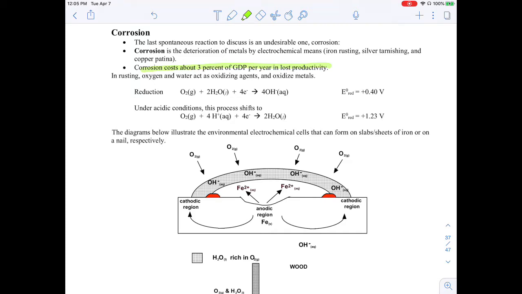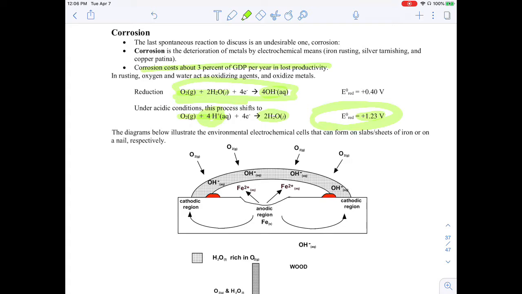Before we talk about preventing corrosion, you should know that water and oxygen will react to make hydroxides, and that oxygen and acid particles will produce water. So in acidic conditions, this reaction happens, and when it's not acidic, this reaction happens. You can see that this is going to be an extremely strong reduction reaction because it's got such a big positive value.